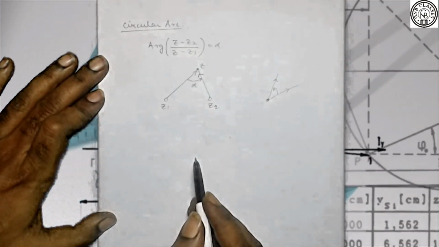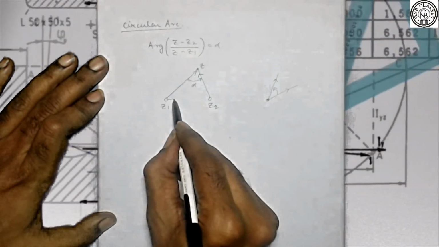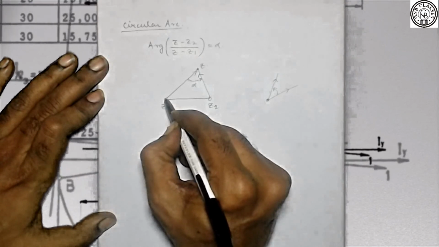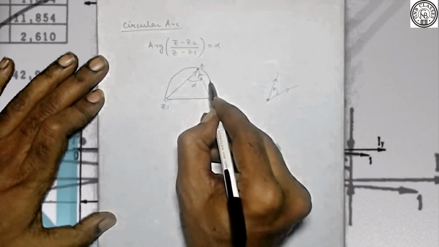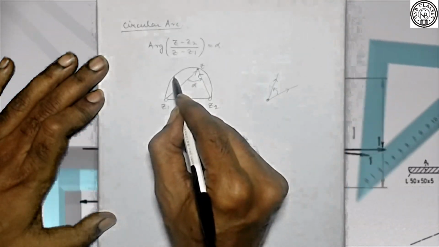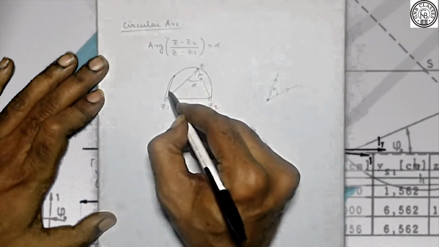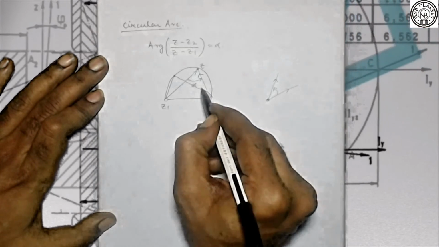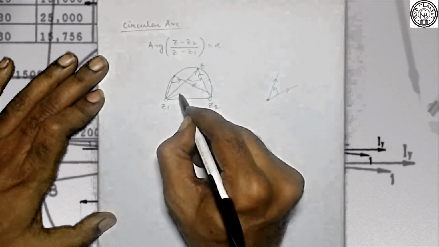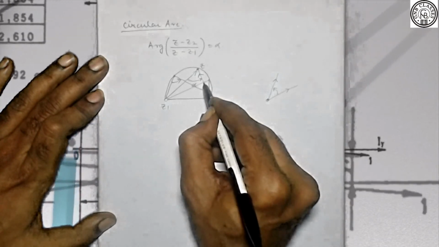Now look at it carefully. If I join Z1 and Z2, and if this is the arc of a circle, then if the point Z is here, then also this angle will be alpha. If Z is somewhere here, then also this angle will be alpha. Why is it so?